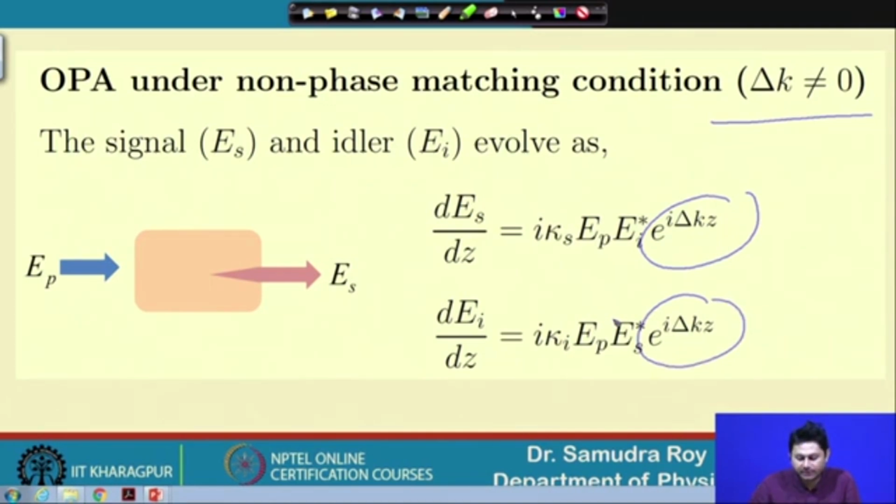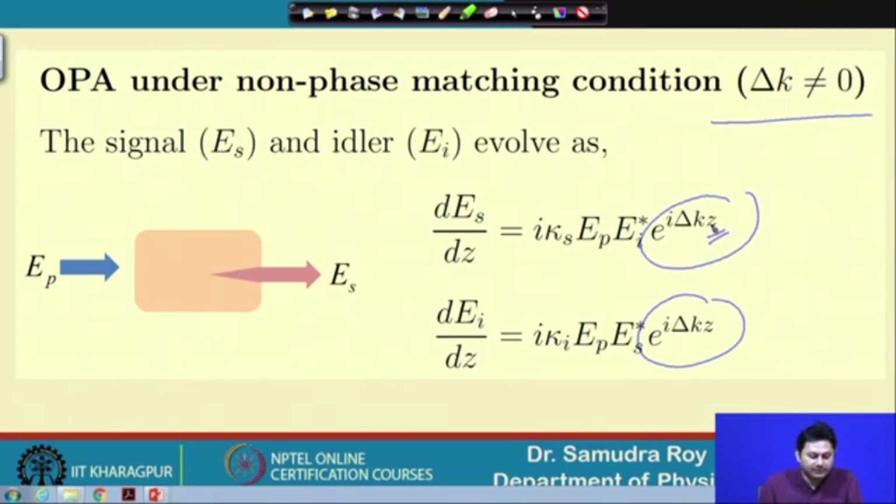That is why we had a simple differential equation before. Now we need to deal with this term, because whenever we try to decouple these two equations, this term will have an effect because of its z dependency. When we take the derivative of this quantity, we need to take care of this term also, which is a function of z.